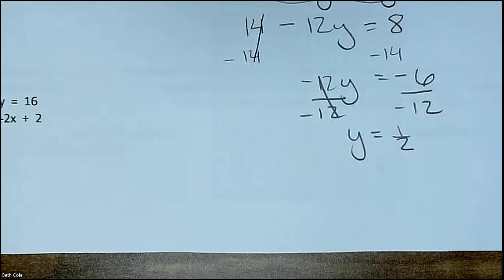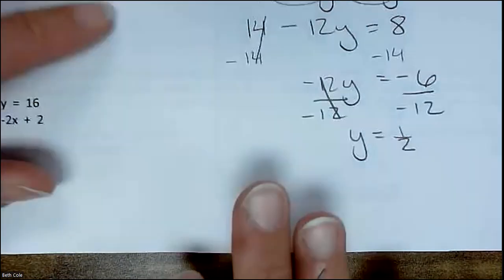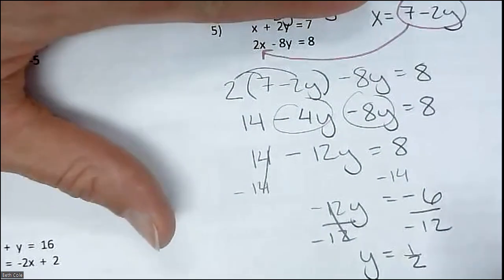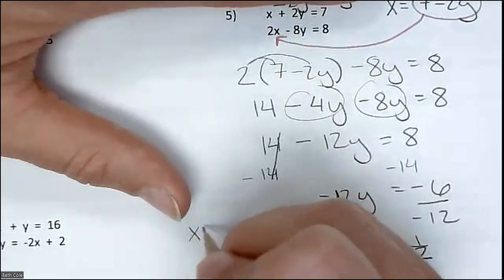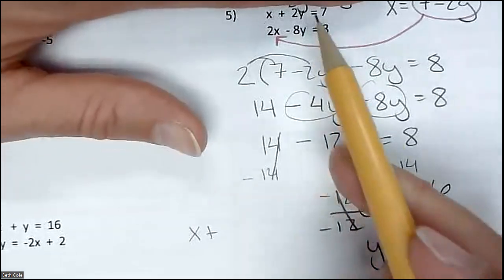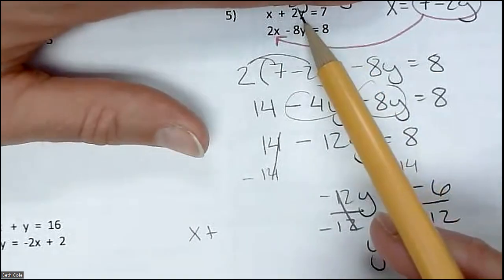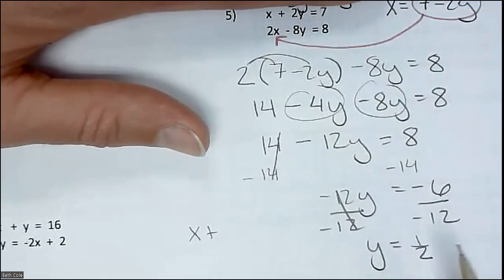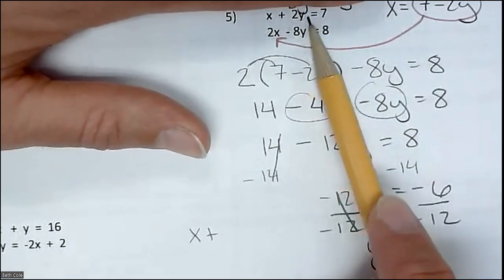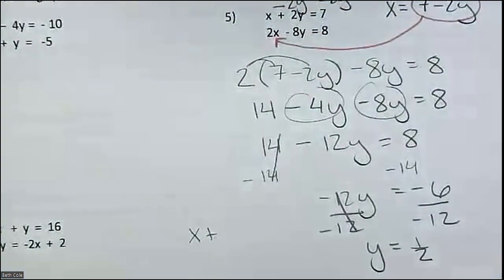And then we're going to plug back into the original equation and get x. So just watch me point to this. You would have x plus, I'm just going to write that over here, x plus. Now I'm plugging in 1/2 for y. I want to see if you guys can do this. I'm not going to take the calculator away from you, but I just want to see if you can do this. 2 times 1/2. What's half of 2?